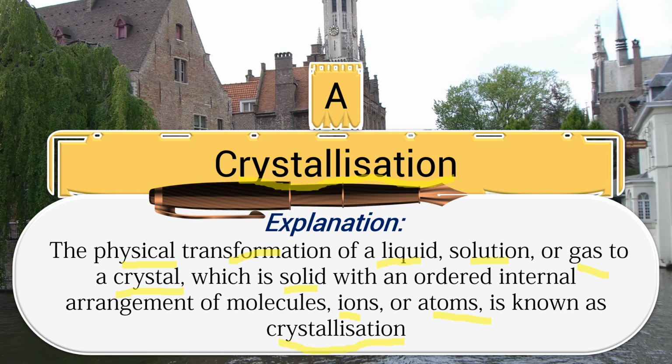So when there is physical transformation of a liquid solution or a gas, and it goes to the crystal form, which is a solid with an ordered internal arrangement of molecules, ions, or atoms, that one is called crystallization.